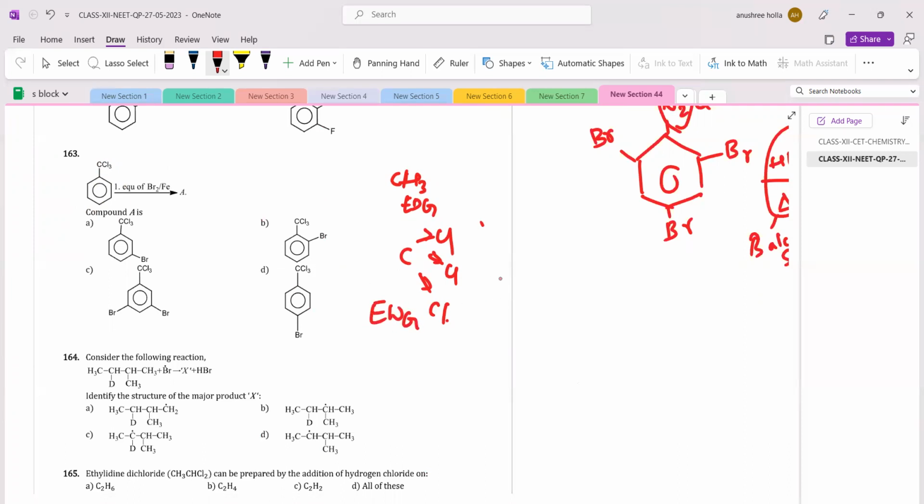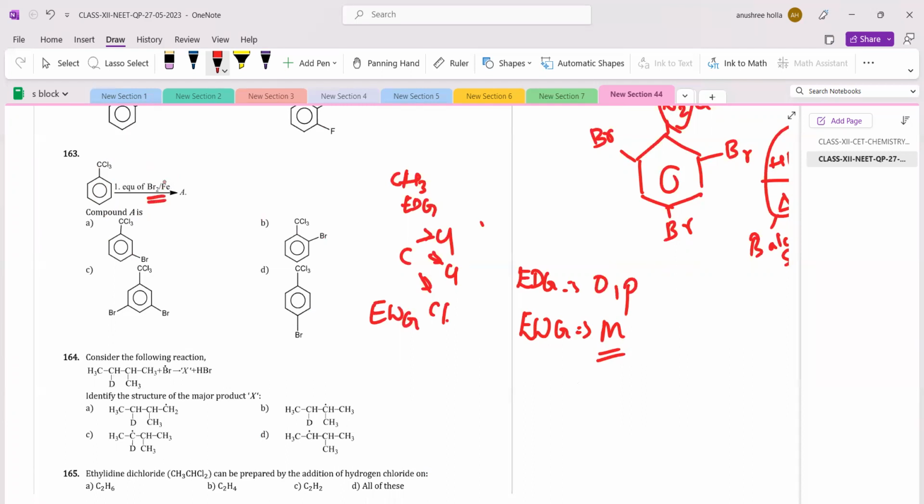So now, if you remember, electron donating group generally activates the ring and directs the incoming electrophile towards ortho and para position, and electron withdrawing group directs the electrophile towards the meta position, right? So now if I have an electron withdrawing group attached to my benzene ring, it will direct the incoming electrophile to the meta position.